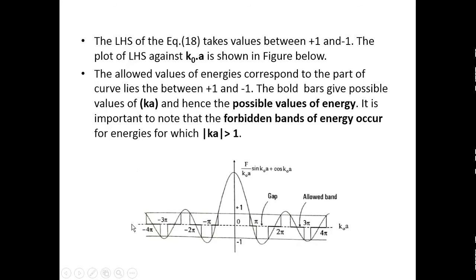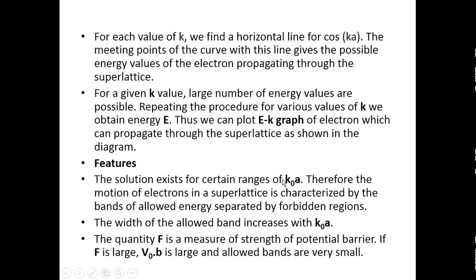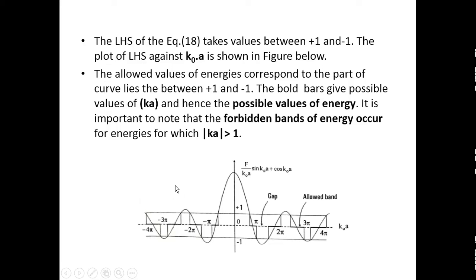This is the k0a axis and this is the energy axis, the solution of the equation. Now for each value of k, we find a horizontal line for cos ka. The meeting points of the curve with this line give the possible energy values of the electron propagating through the superlattice.